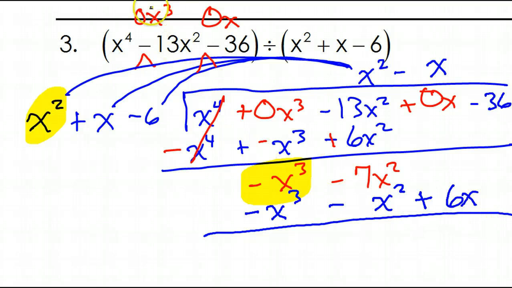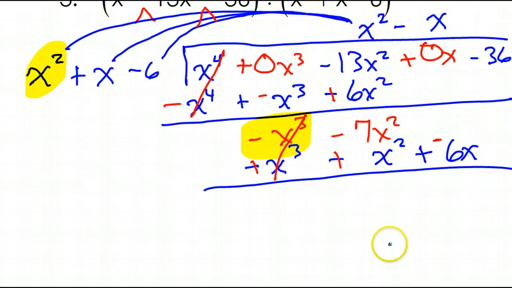All right, we will subtract by changing the signs. So this will become positive, and this will become negative. Now these two cancel out as always. But these two will make negative 6x squared, and then minus 6x. All right, one more time.